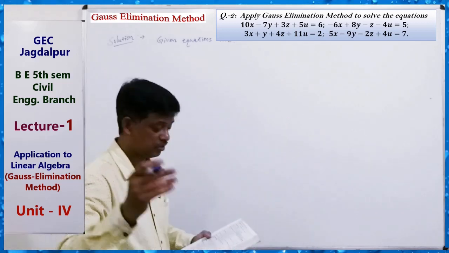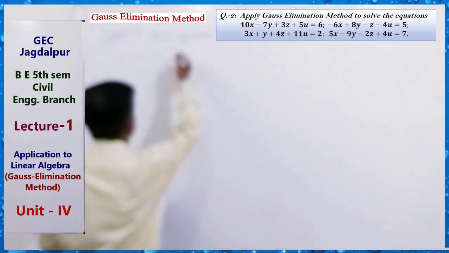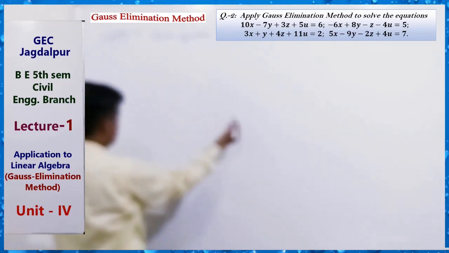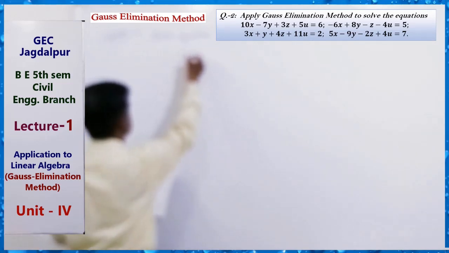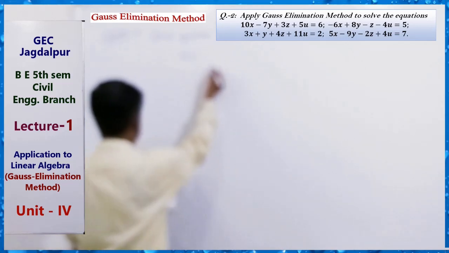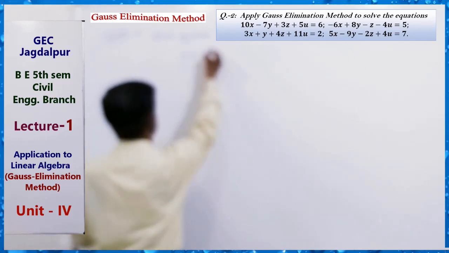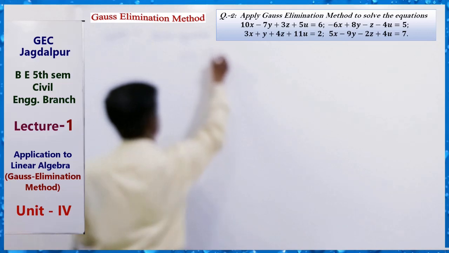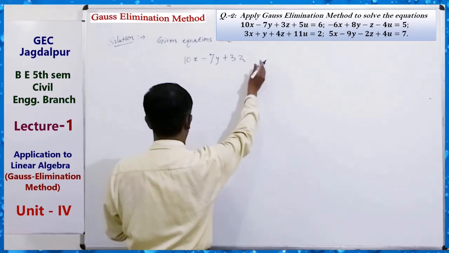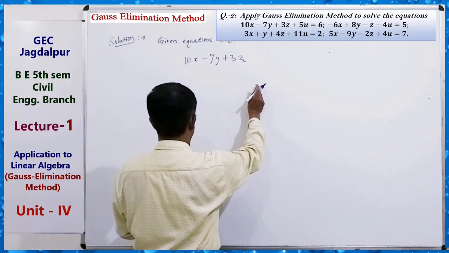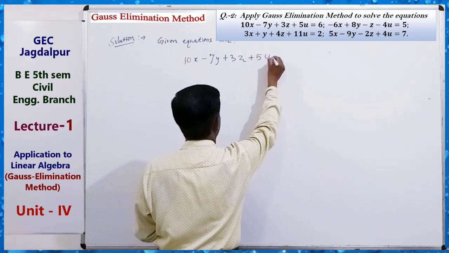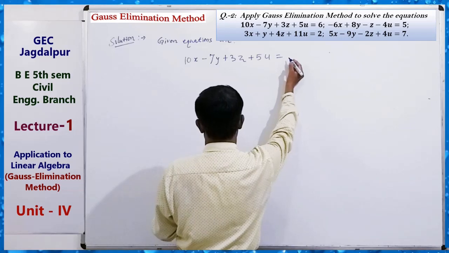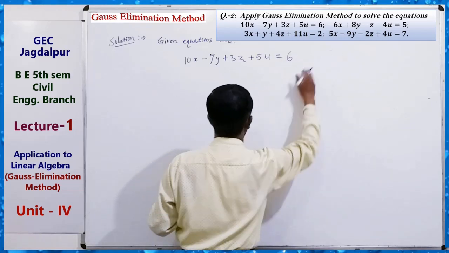So take another question. The given equations are: 10x minus 7y plus 3z plus 5u equals 6. This is the first equation.